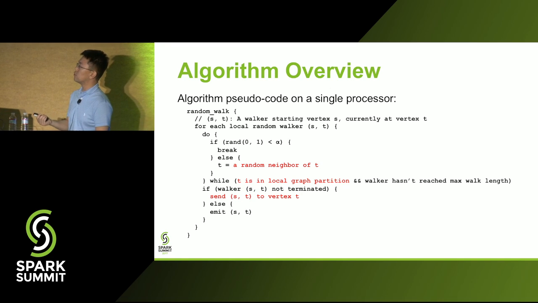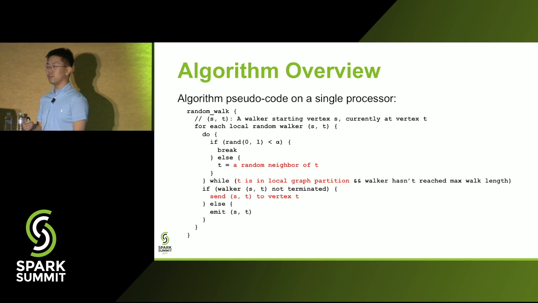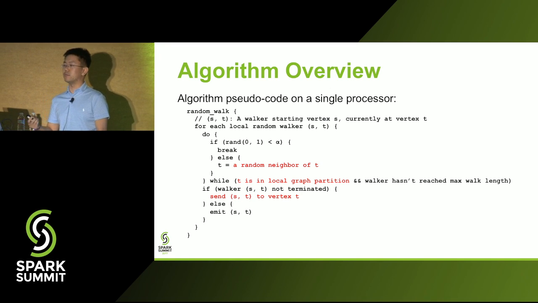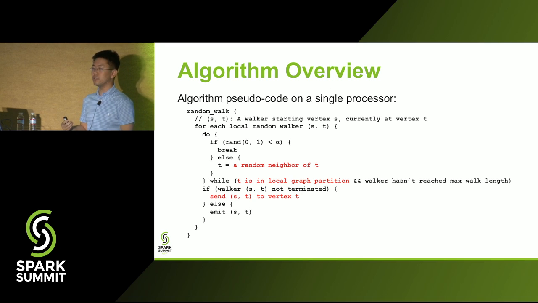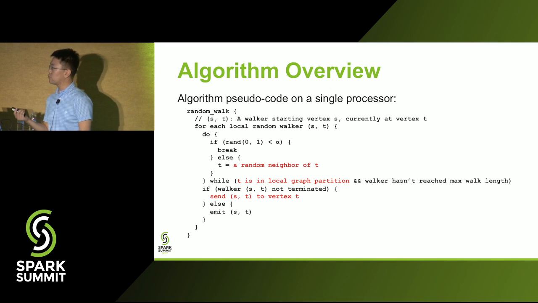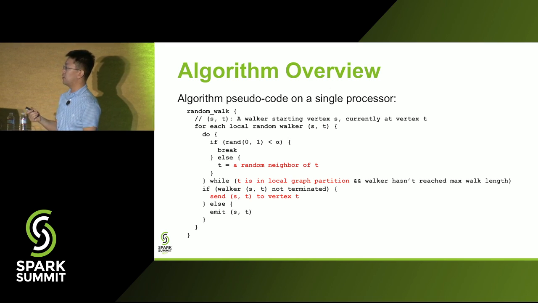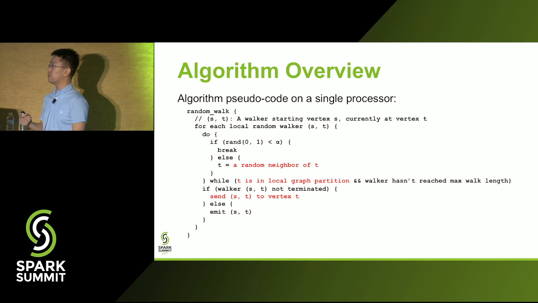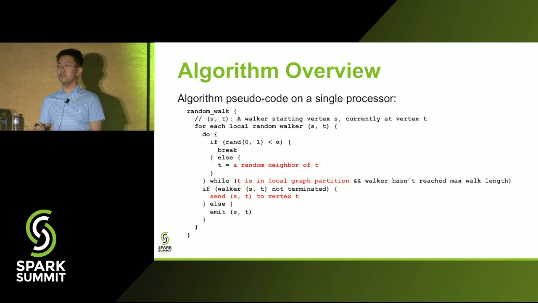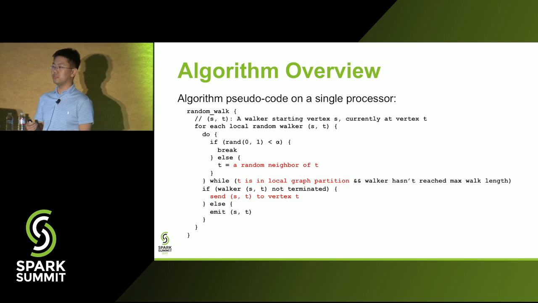From this pseudocode, it becomes quite clear that in order to implement this algorithm, the implementation needs to address those three key operations highlighted here. First, it needs to be able to fetch the list of all the neighboring nodes for a given vertex. This will enable the algorithm to determine where to move the random walker for the next move.